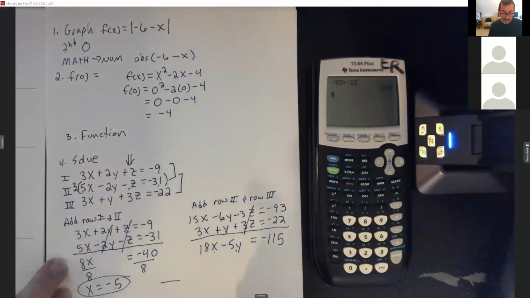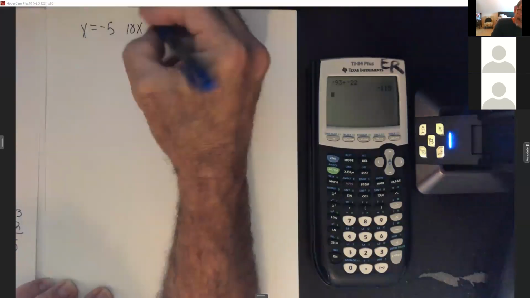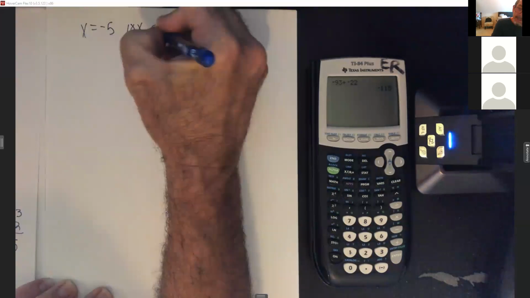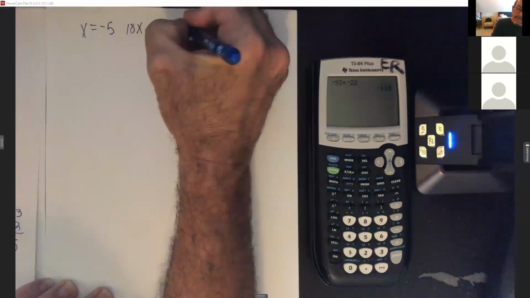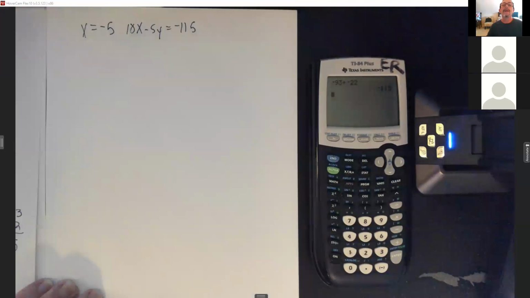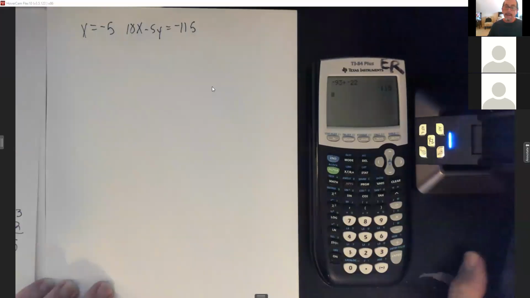So I'm going to move this paper over. My two equations that I got were x equal to -5, 18x minus 5y equal to -115.